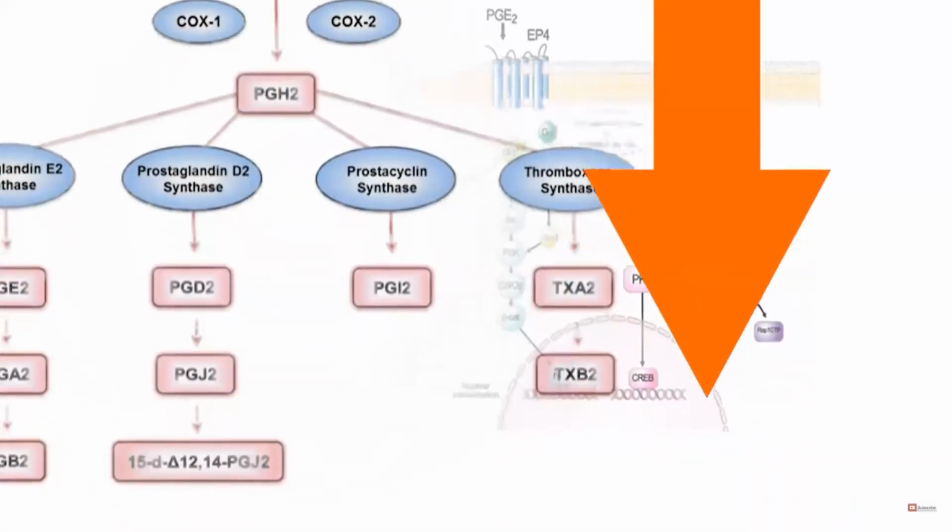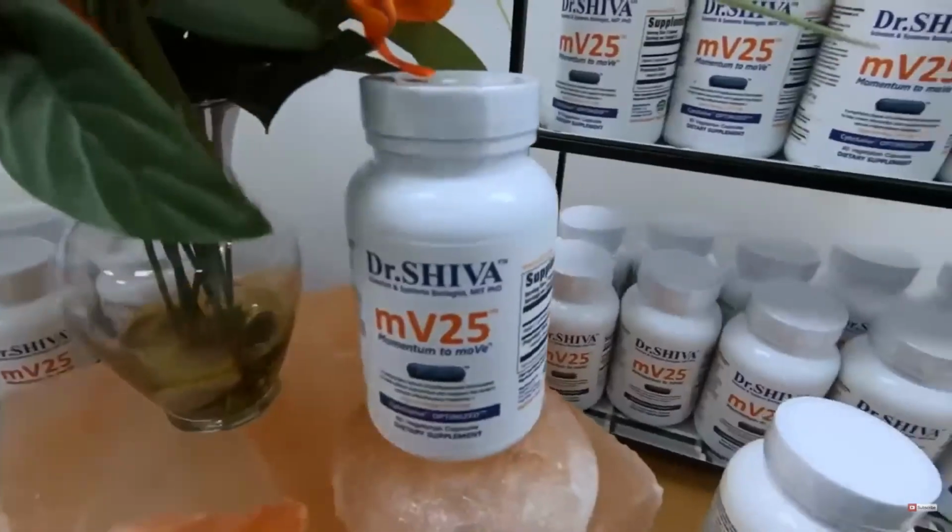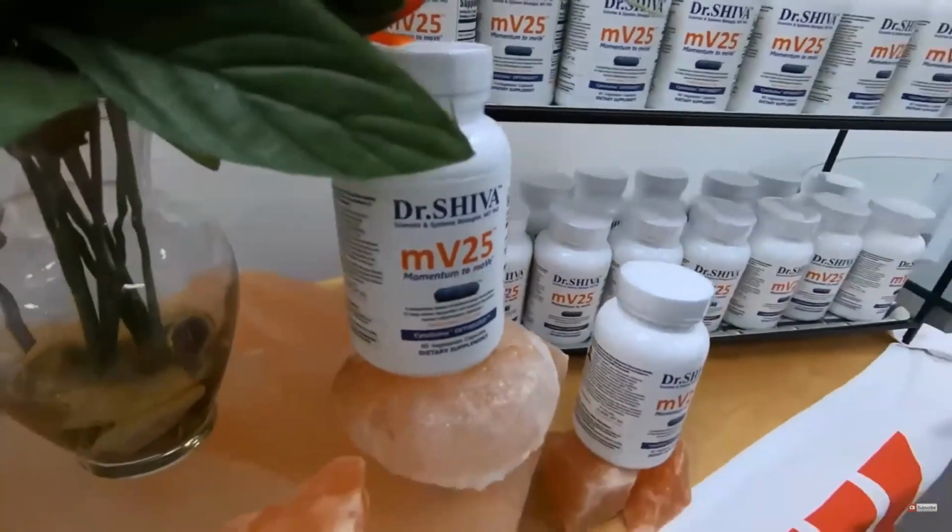Hi, I'm Barbara Ann. My hands would cramp up so that I couldn't hold cards or knit or crochet, and they would go like that. I'd have to use this when I played cards with my grandkids, and I started taking MV25.